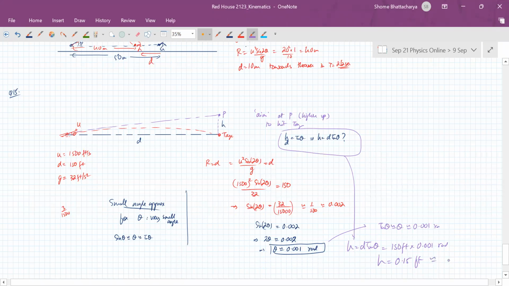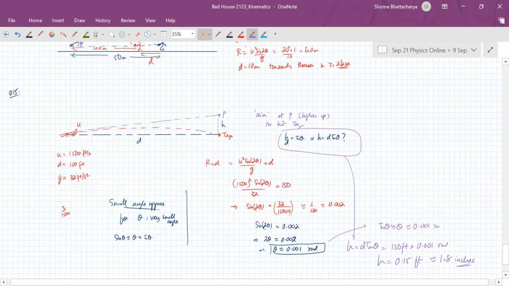So if you convert that to inches, it is about 1.8 inches.